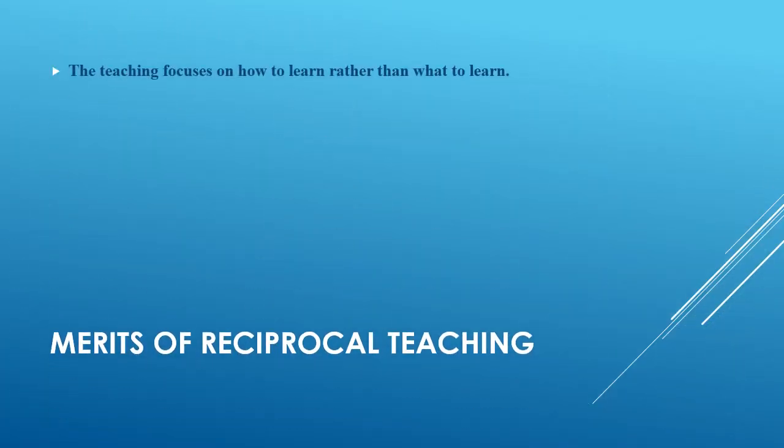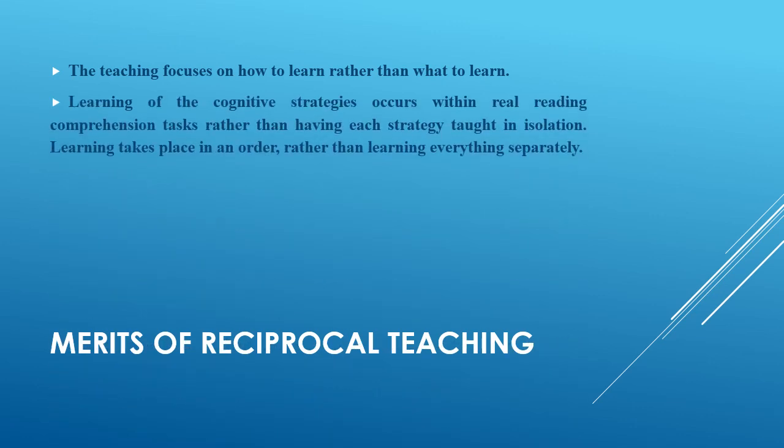Merits of reciprocal teaching. The teaching focuses on how to learn rather than what to learn. We have different strategies that can develop your own skills. Learning of the cognitive strategies occurs within real reading comprehension tasks rather than having each strategy taught in isolation.